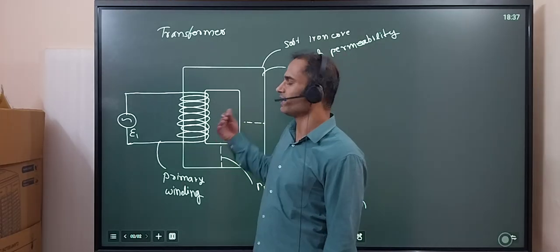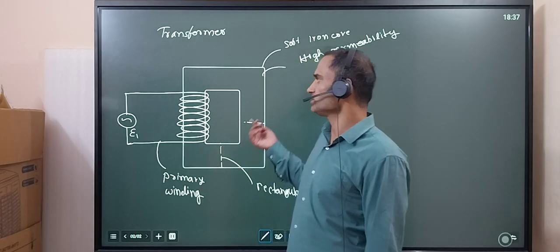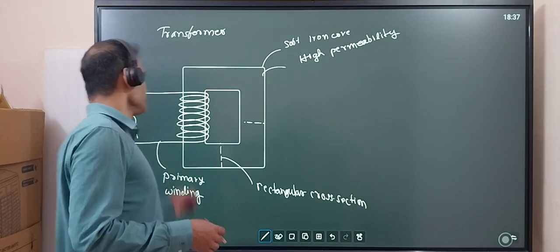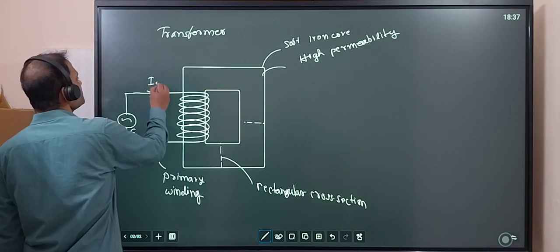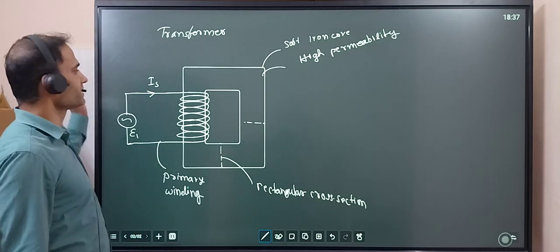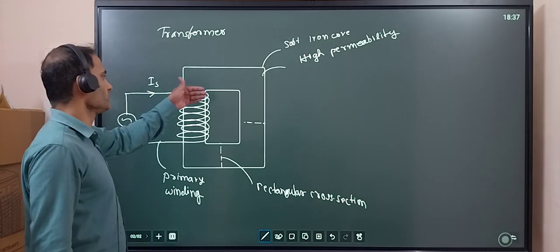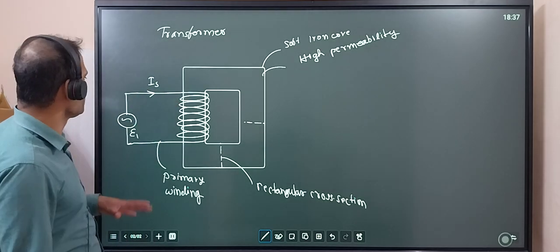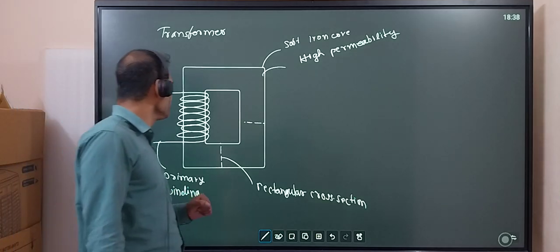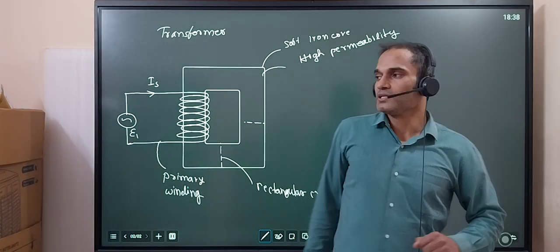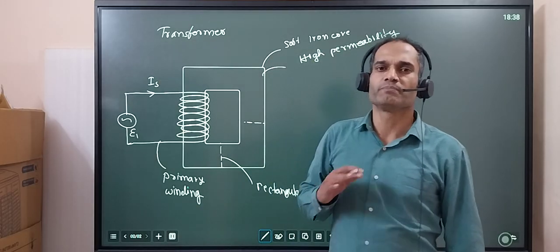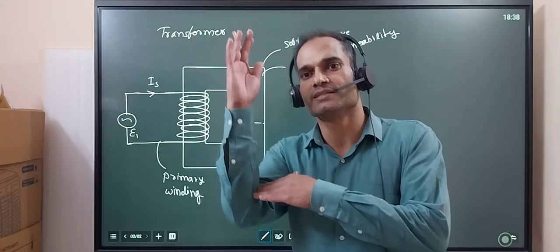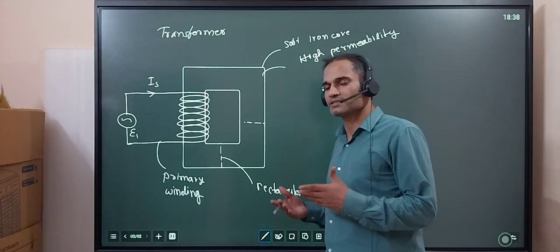But still it has inductance, and because it has inductance, some current I1 will be flowing. This will obviously be changing its direction this way or this way, depending on the phase. But one thing is there: E1 and I1 will be completely at 90 degrees, because this is a purely inductive circuit.